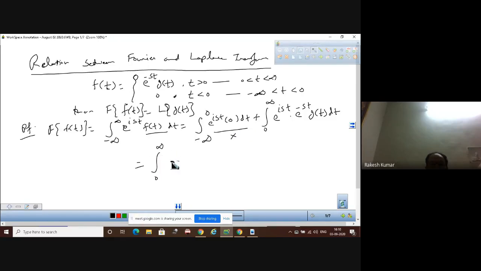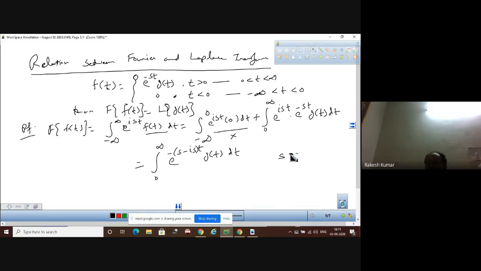Ultimately you will have e raised to power, you can take minus common, and inside is s minus iota s, into t into g of t dt. Now you just see s is a parameter.